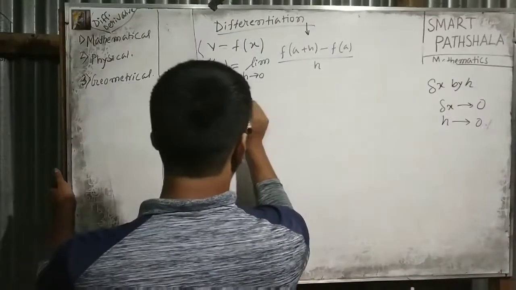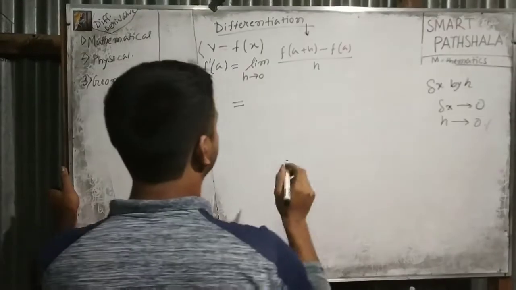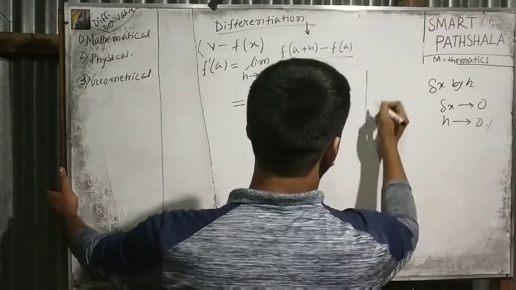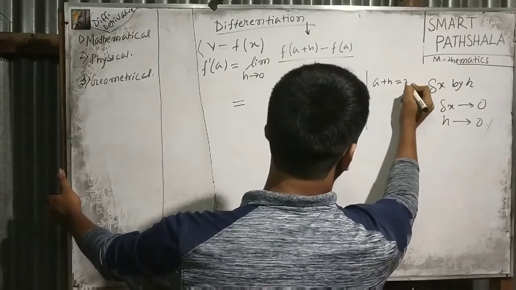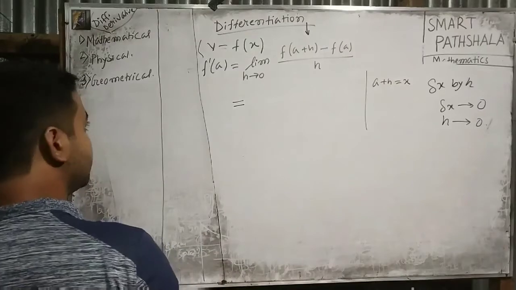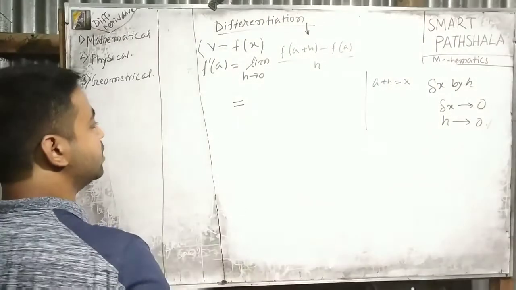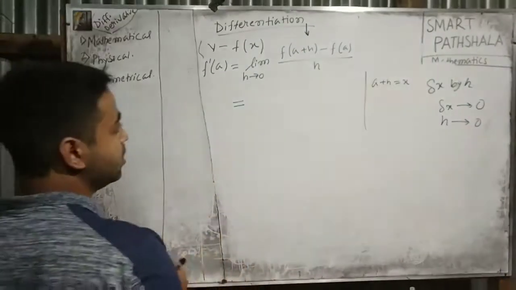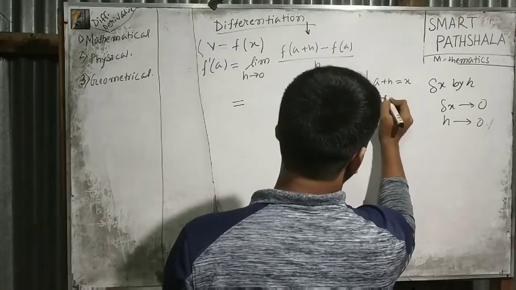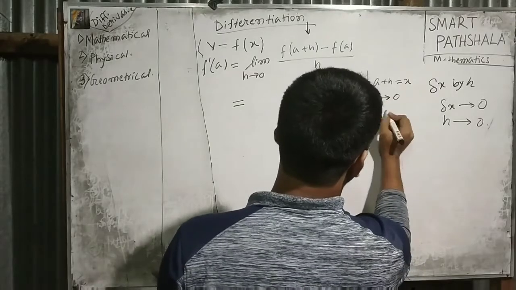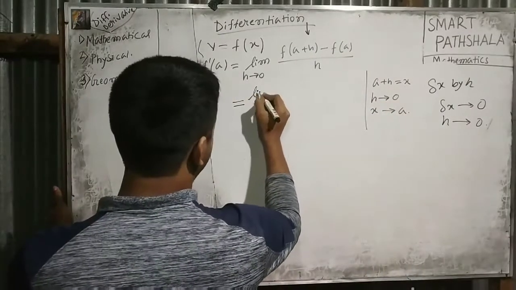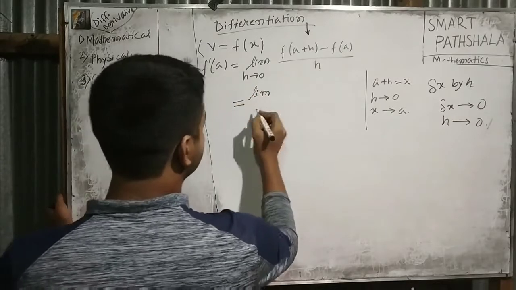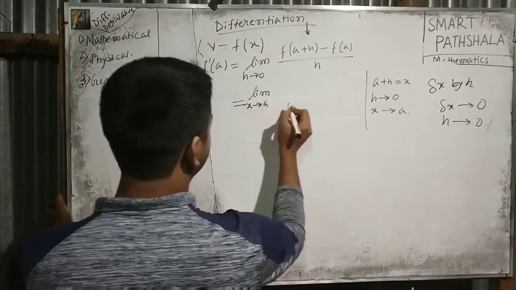Now, remember, suppose I am substituting a plus h as x. When h tends towards 0, then obviously x is also tending towards a, which means in place of h tends to 0, I can write x tends to a.